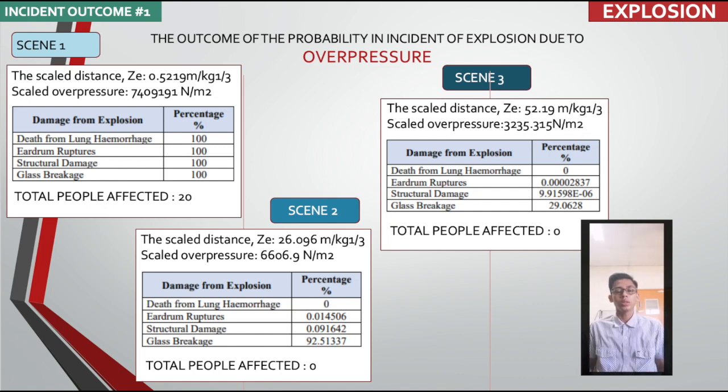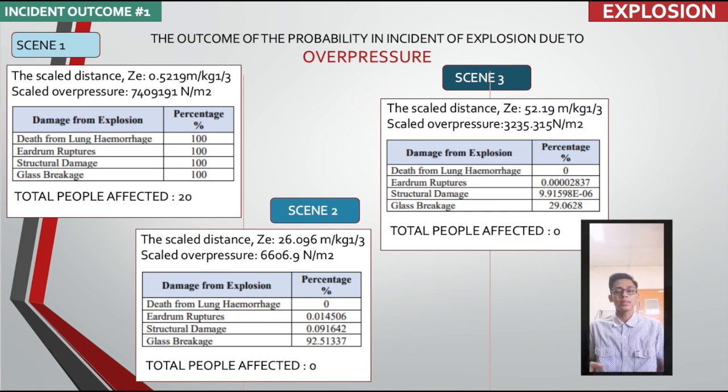Now, we move on to the first incident outcome that might occur, which is explosion of distillation column C202 for our case. Explosion occurs due to overpressure of the distillation column. There are two types of explosion: vapor cloud explosion, VCE, and boiling liquid expanding vapor explosion, BLEVE. For our worst case scenario of scene 1, the distance from the ground zero point is 10 meters from distillation column C202.